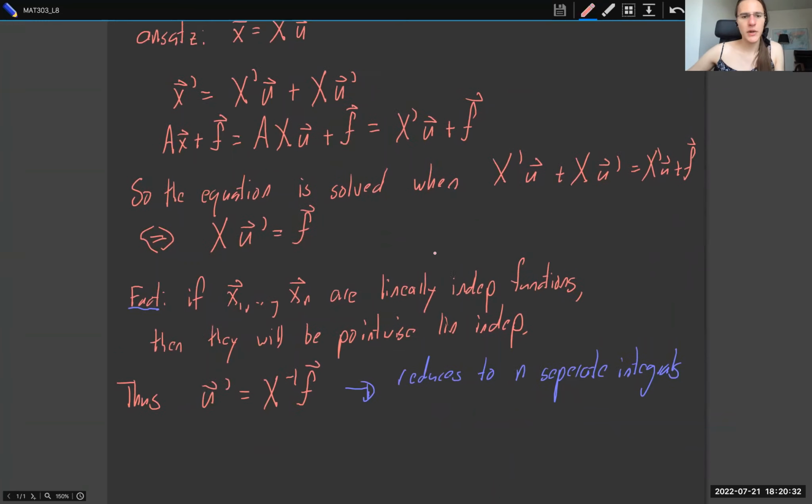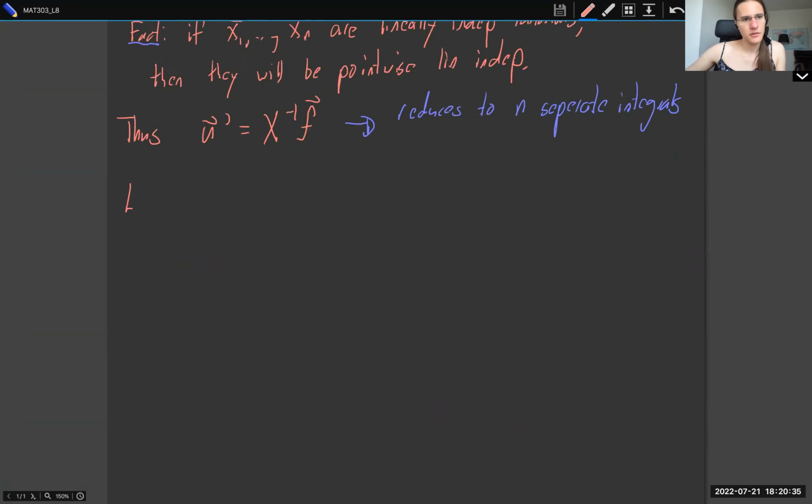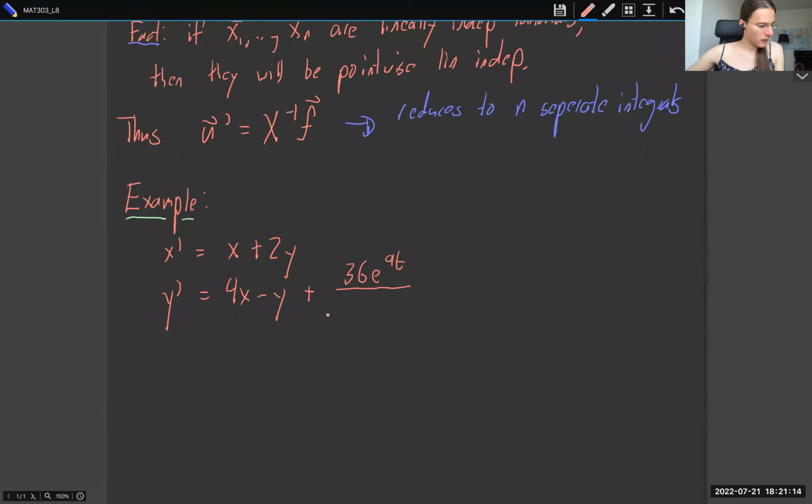Okay, so let's do an example. And this will be a 2x2 example. So let's consider x prime is equal to x plus 2y, and then y prime is equal to 4x minus y plus 36 e^(9t) over e^(12t) plus 1.